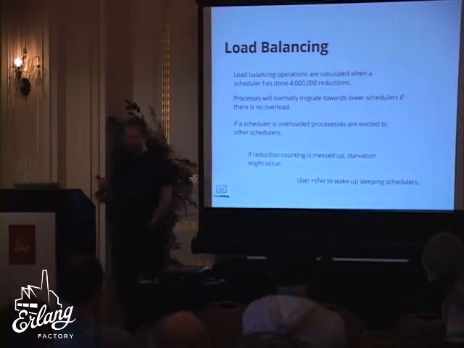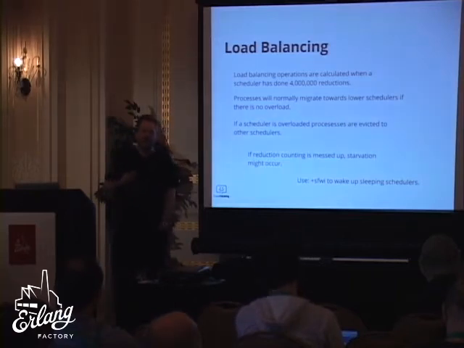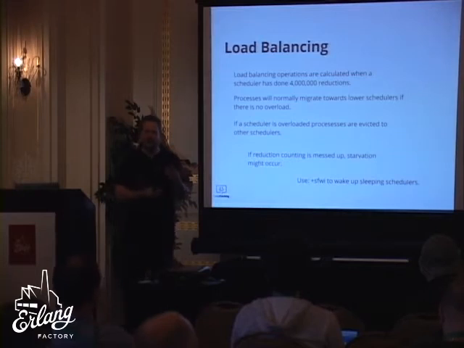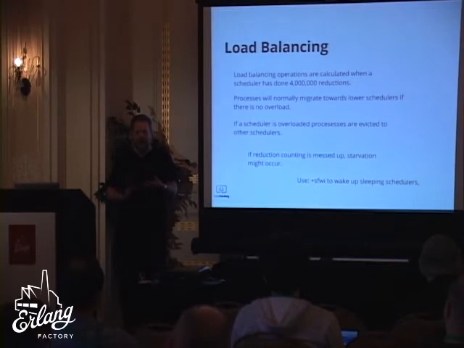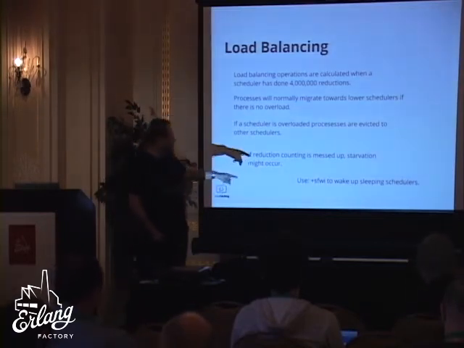Now, as we saw earlier, if you're using BIFs or even worse, NIFs that are not counting the number of reductions in the right way, then you might end up with starvation because you might have just one scheduler running all your processes, and then that scheduler is doing a lot of work for very few reductions. And then we get to the bad places.